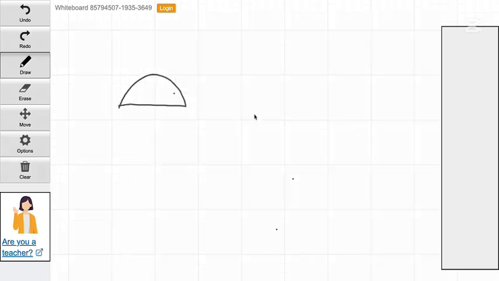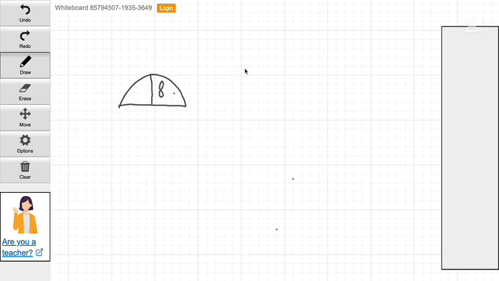Alright, that's about it. Next we have a semicircle. So if this is equal to 8, we just go area is equal to half pi r squared.